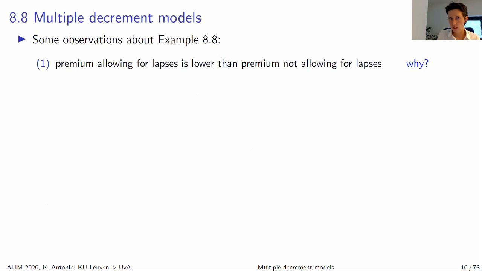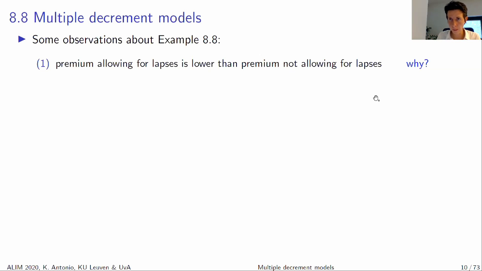So if you calculate the premium allowing for lapses the way we did it on the sheets, then you get a premium that is lower than when you're not allowing for the lapses. So why is that? Of course, because you take into account the possibility that policyholders will lapse the contract, and so you do not have to pay the death benefit of those policyholders who lapse their contract.